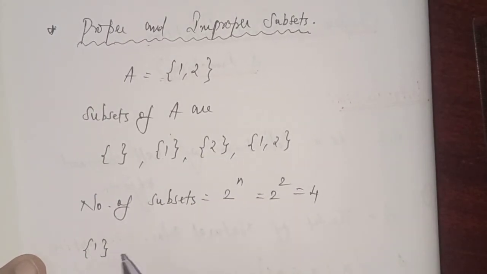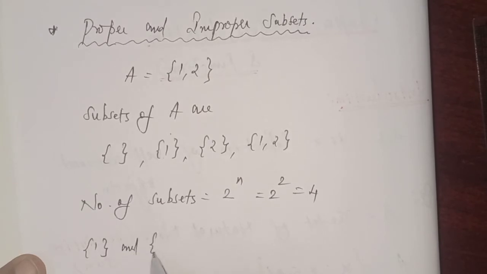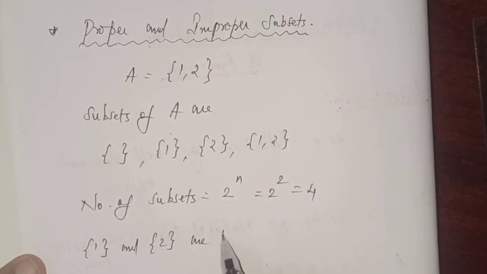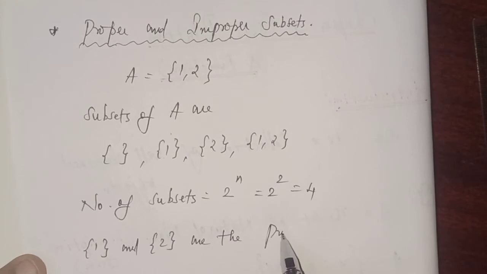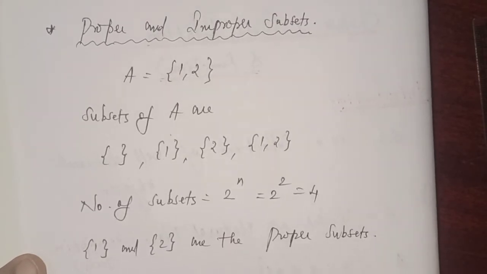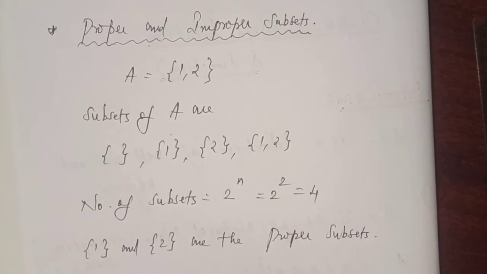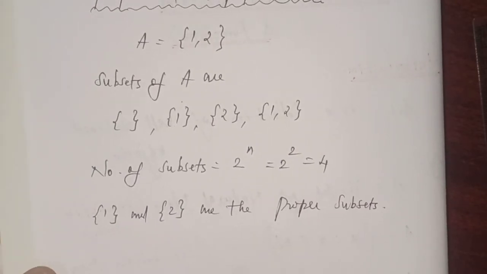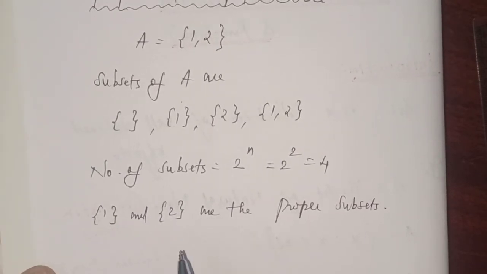Out of 4 subsets, these two, {1} and {2}, are the proper subsets. Proper subsets mean here the set has only one element.